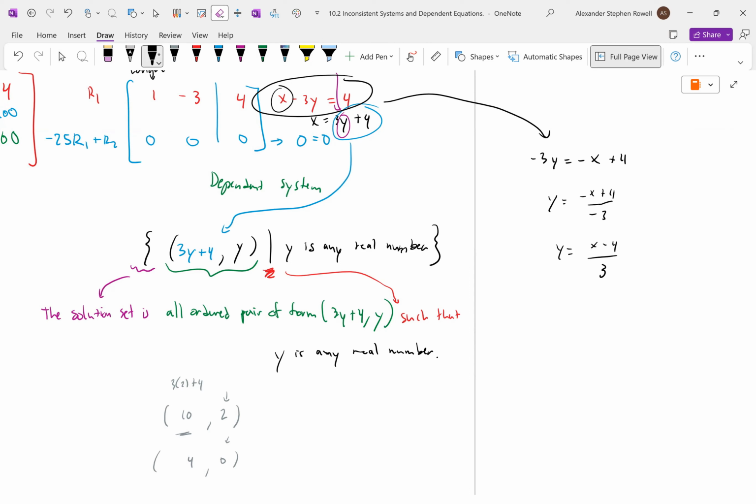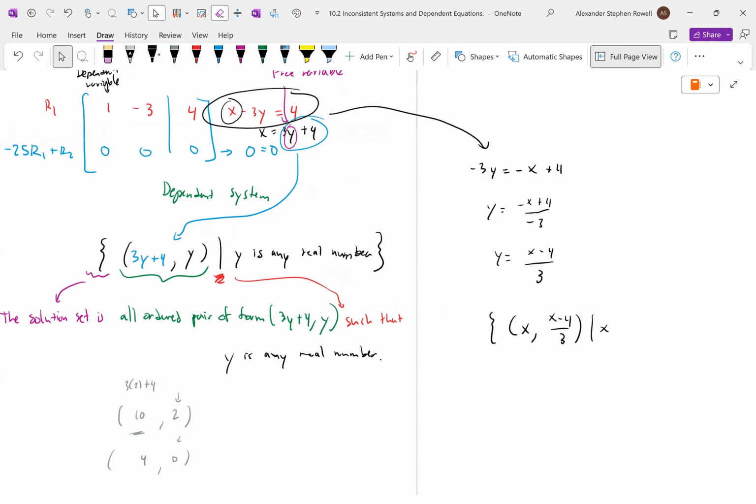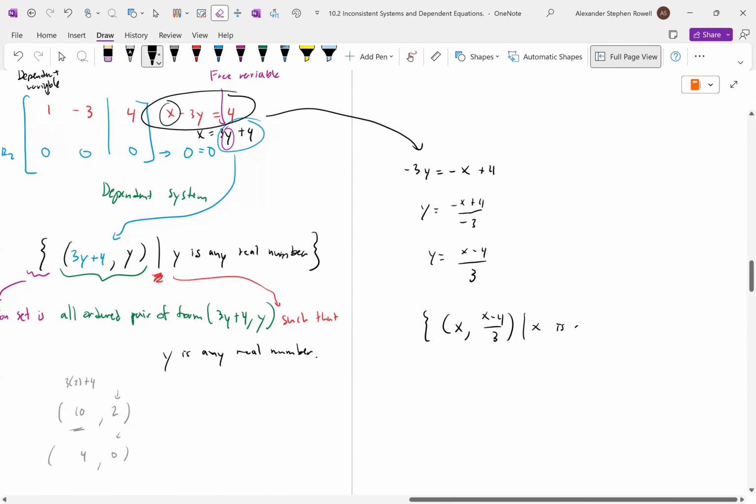And so I could equivalently write my solution set where x is the free variable and y depends on x, meaning y is of the form x minus 4 over 3, such that x is any real number. So these are the exact same solution set, but there's more than one way to write it. So either of these answers is acceptable.